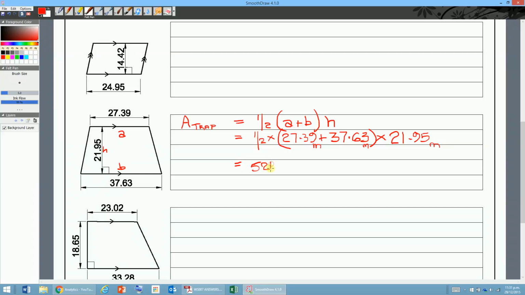I would do that addition first, and then I'd multiply that by a half, and then I'd multiply all of that by 21.95 metres.